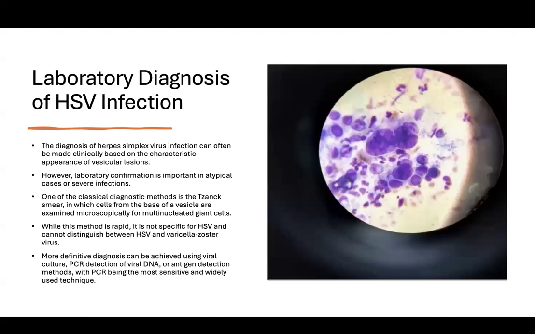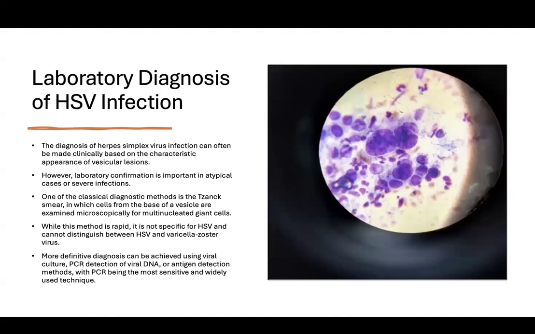So when it comes to diagnosis of HSV, in general, as I said before, HSV loves to create these multinucleated cells. So what you can do is a Tzanck smear. You take a bit of the lesions where you see these vesicles. You take a smear, you look at the cells, and if you start to see these massive multinucleated giant cells, this is indicative of herpes.